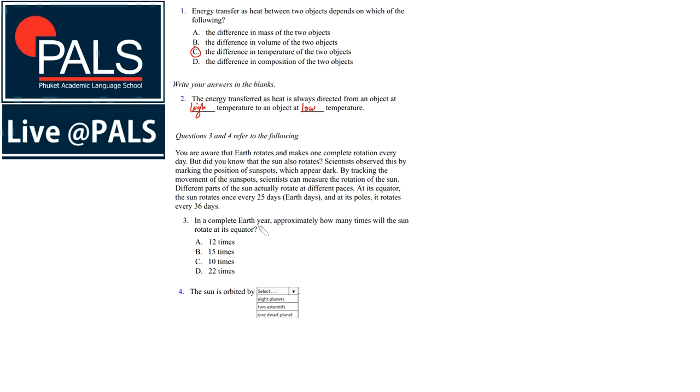In a complete Earth year, approximately how many times will the Sun rotate at its equator? So this is a relatively simple calculation that we have to do here. We know that it takes about 25 Earth days to rotate at the equator, and a year has 365 days. We divide this by 25.